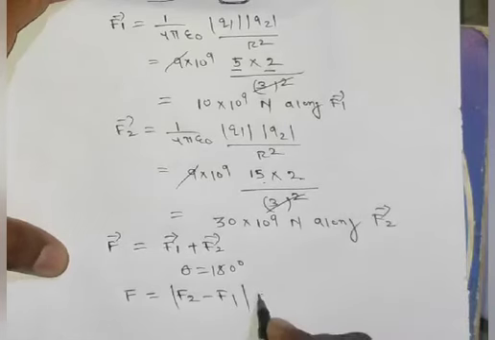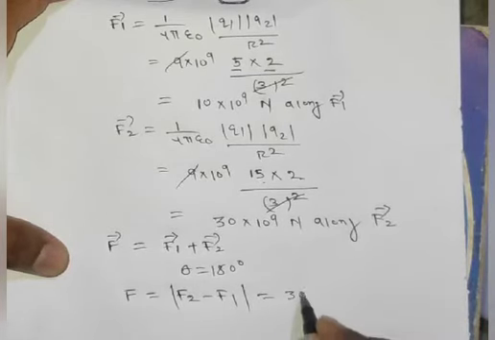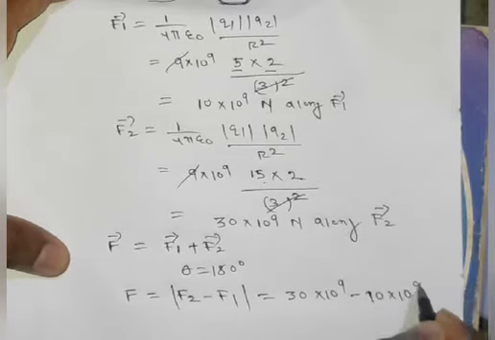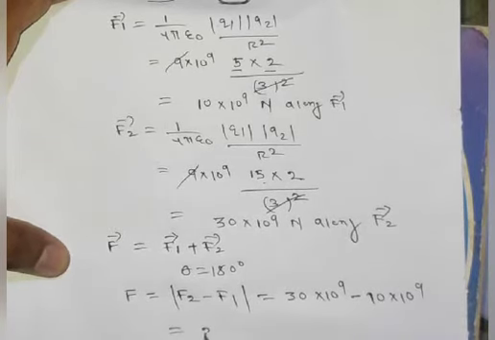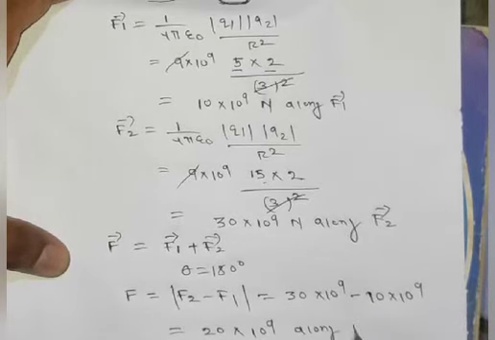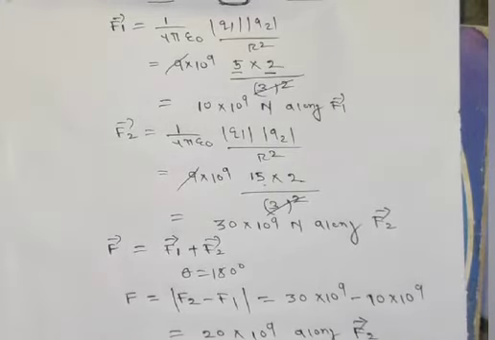So it will be 30 into 10 to the power 9 minus 10 into 10 to the power 9. So it will simply be 20 into 10 to the power 9 Newton, and the direction of this force will be along F2, because F2 is greater than F1.